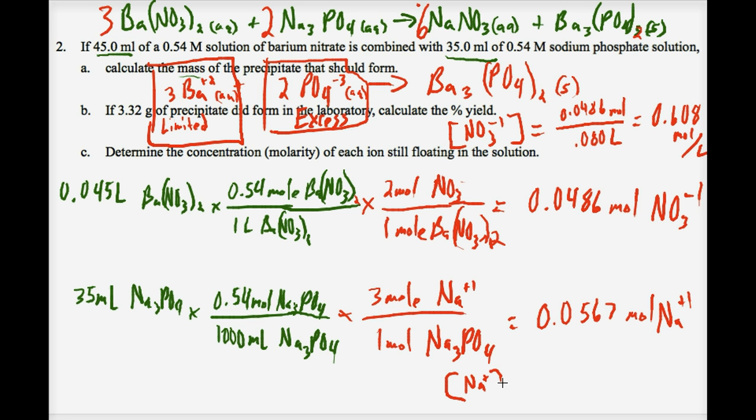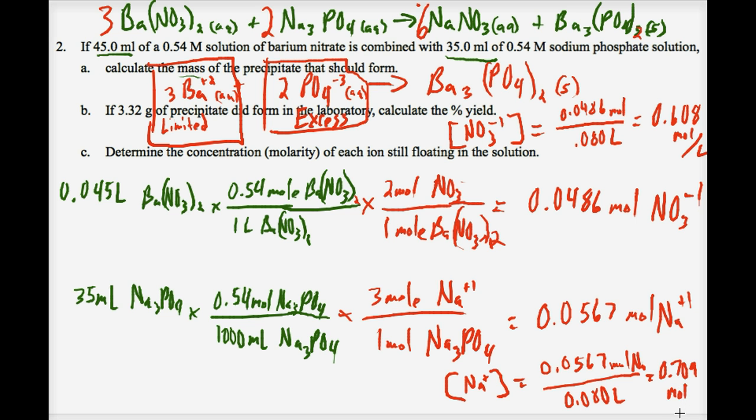So my molarity of sodium is 0.0567 over, again, 0.080. Putting that through our calculator, we get 0.709.